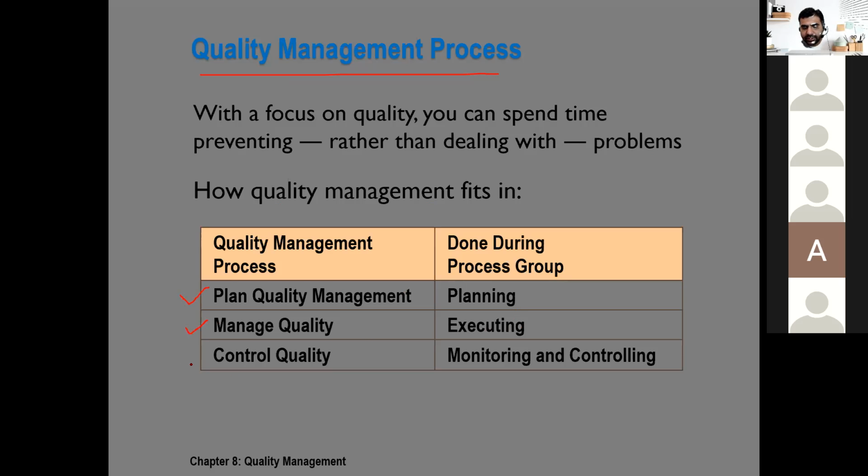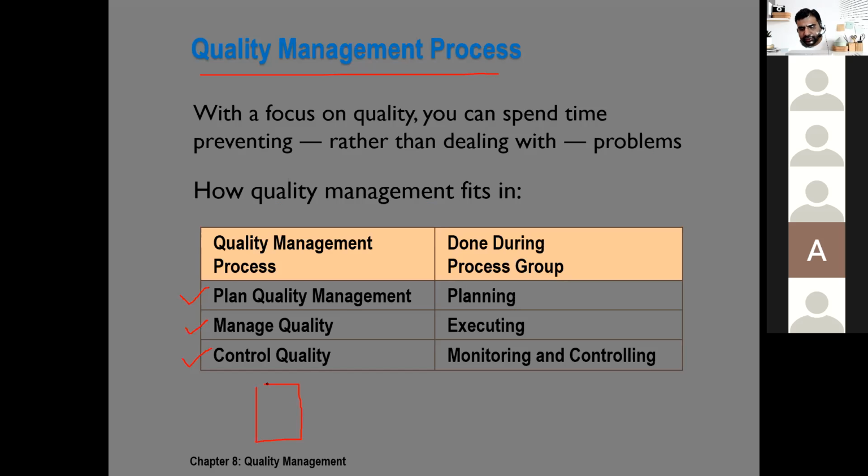And then there comes our last process, control quality. Once a deliverable or work package is completed, we need to verify, inspect and test that deliverable to confirm that, before going into the hands of the customer, it is of high quality. In other words, it is a three-stage process.